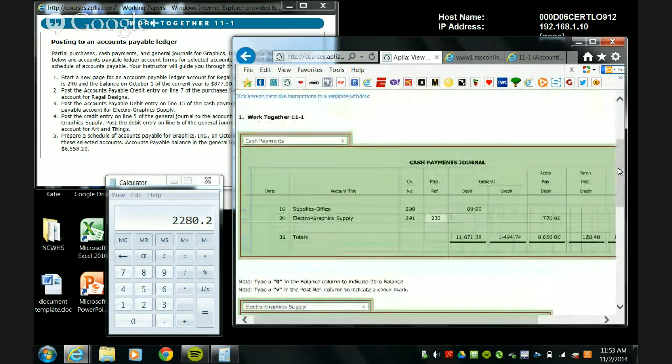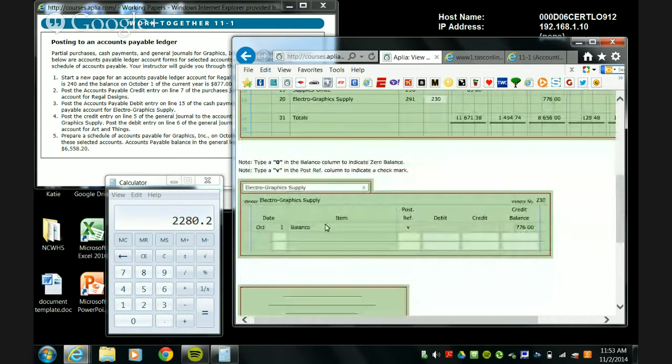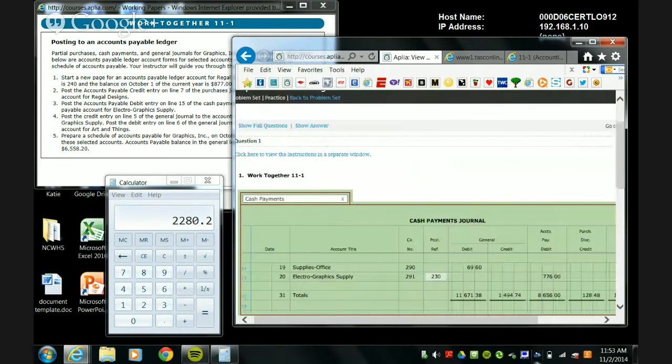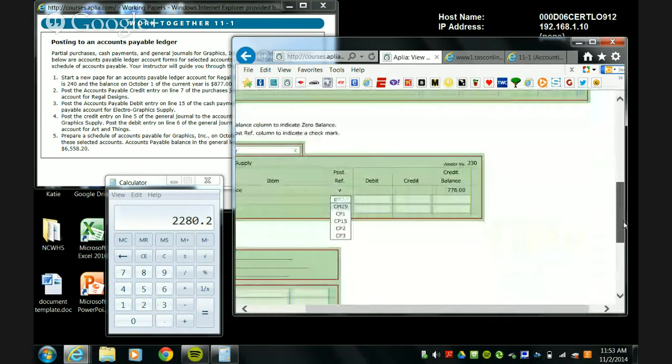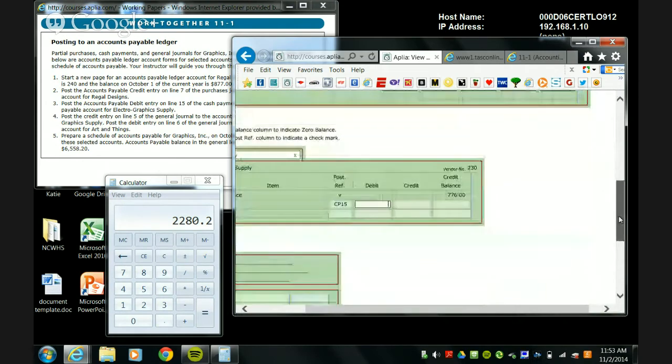And we've got a $776 debit from our cash payments, page 15. Debit was $776. So our balance is 0. Okay, so 3 is done.